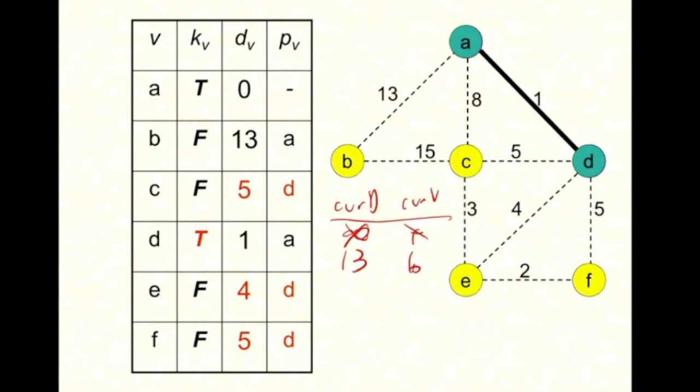Oh, wait, just 1 second here. I want to do one change before we finish this slide. What if E had a distance of not 4? What if E was 6? Now, I have to pick the smallest false one. I could either pick C at 5, or I could pick F at 5. Does it matter?